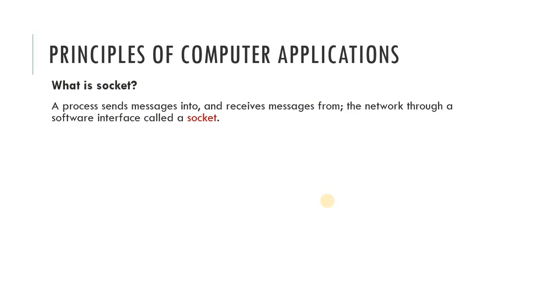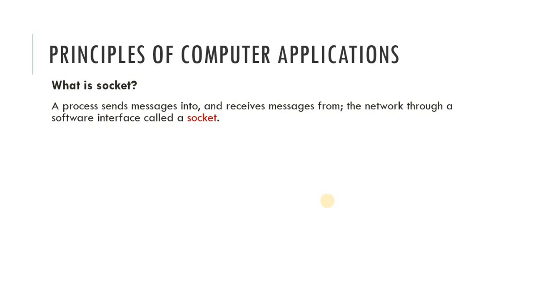Now the next term is: what is a socket? A process sends a message into, and receives a message from, the network through a software interface called the socket. What does it mean? If we are sending messages, at the other side they are received.